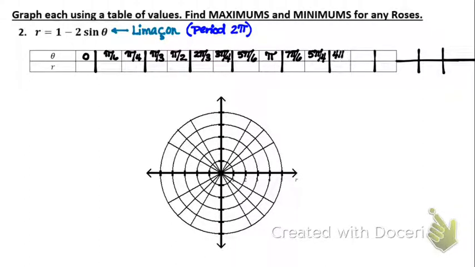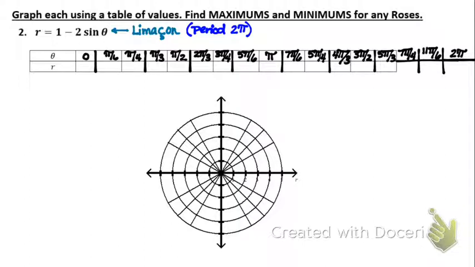What next? 3 pi over 2. What comes after 3 pi over 2? 5 pi over 3. 7 pi over 4. 11 pi over 6. And finally, 2 pi.